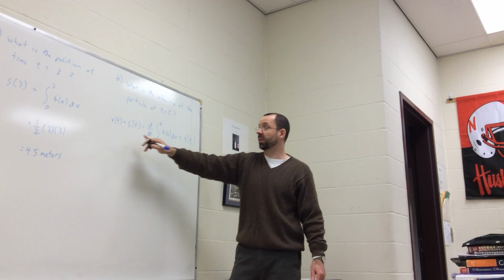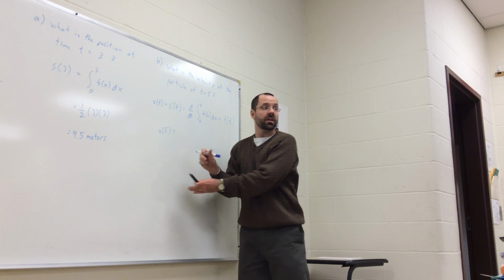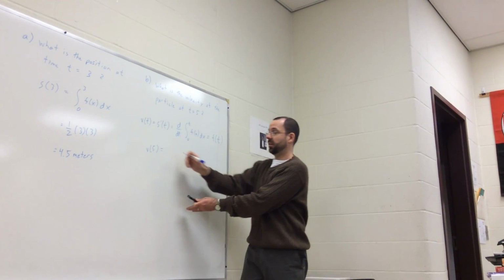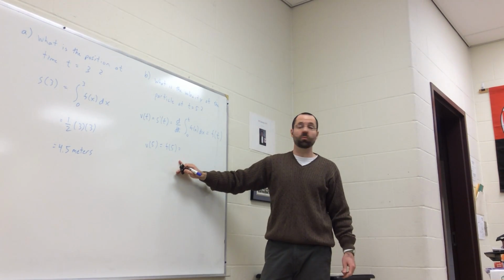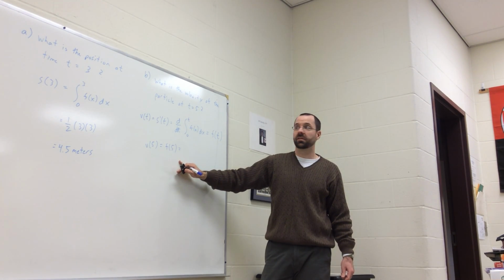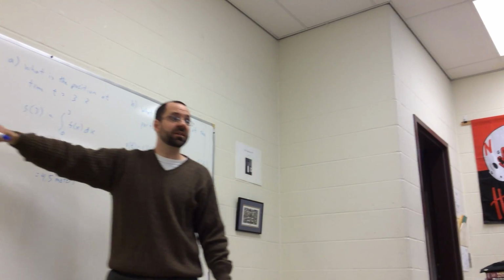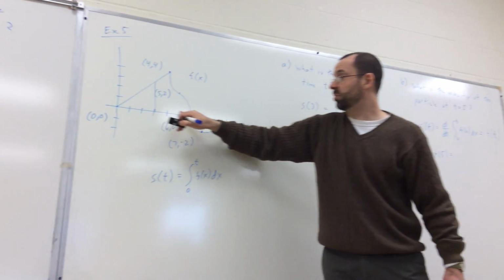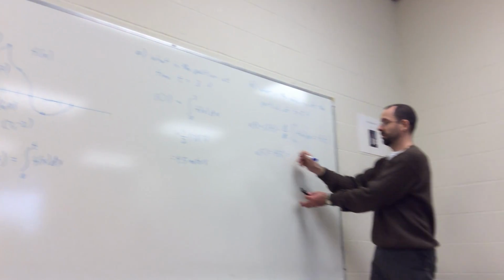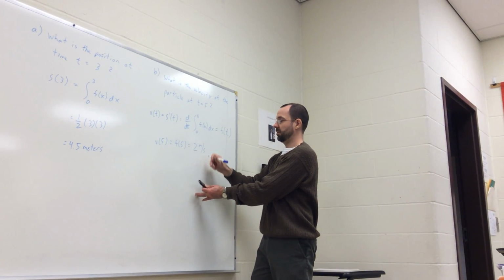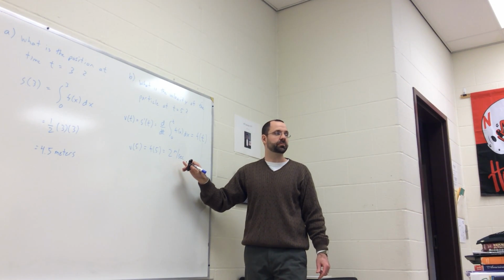Okay, so if I want to know the velocity after 5 seconds, that means I just need to find f of 5. And what is f of 5? It's 2, right? The graph says that when you put in 5, it spits out 2. So I didn't tell you it was seconds, but let's say it's meters per second.